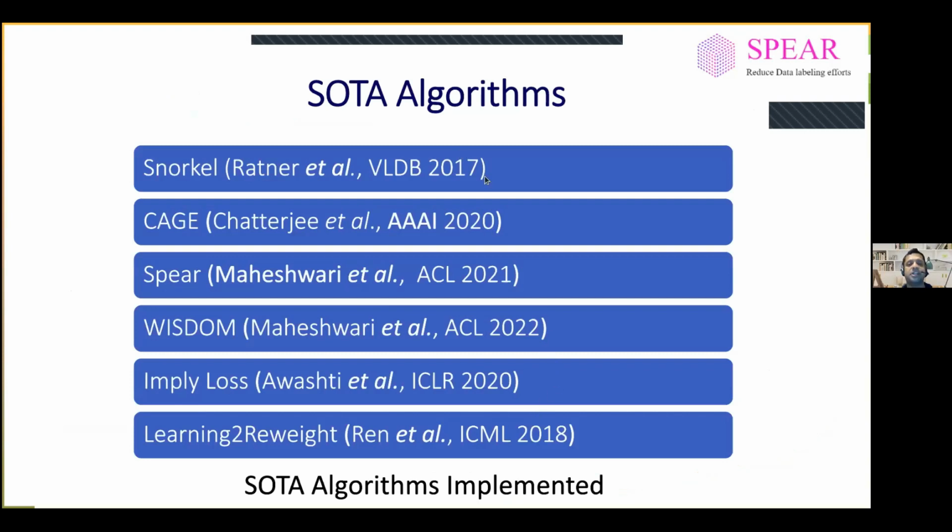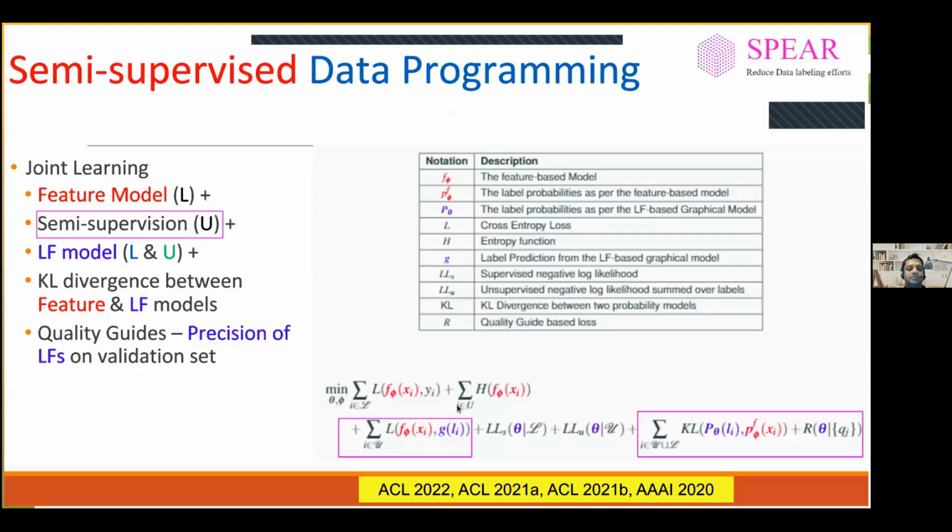So here are some of the state-of-the-art algorithms that are implemented in Spear. Some of these are ours, but several of these which I am marking are other state-of-the-art approaches which are implemented. And the basic idea is semi-supervised data programming, where you have a feature model, could be any deep feature, for example the BERT based representation, which operates in conjunction with the labeling function model, which is marked in blue out here.